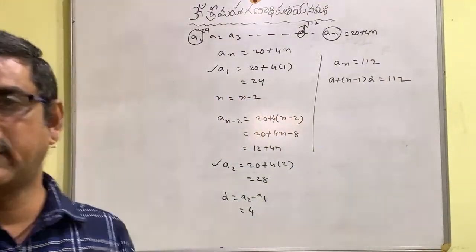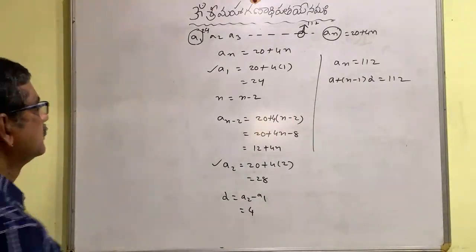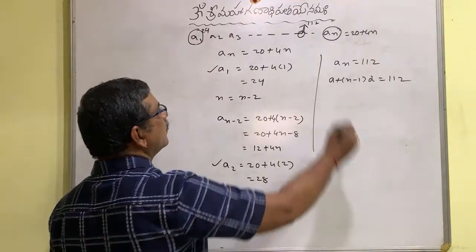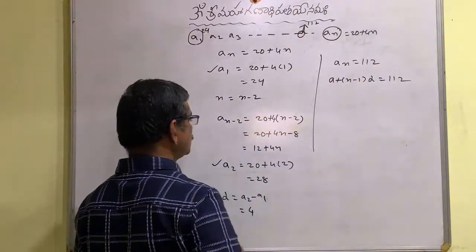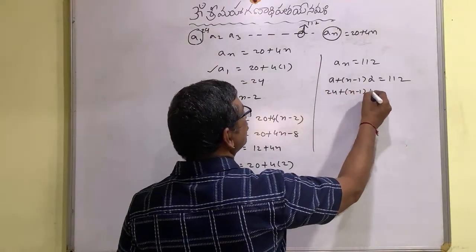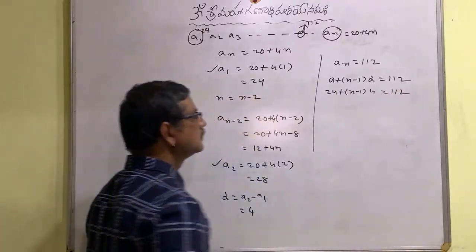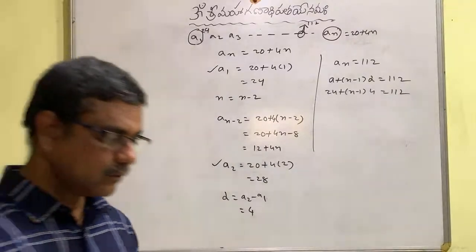We need to find which spot, that means n. Substituting the values, 24 plus (n minus 1) into 4 is 112. Children, what is n?